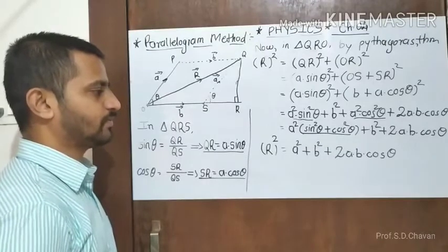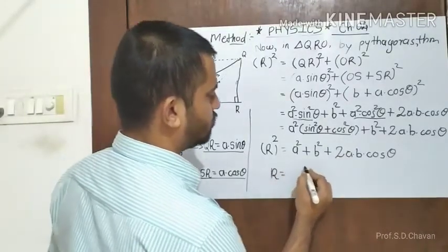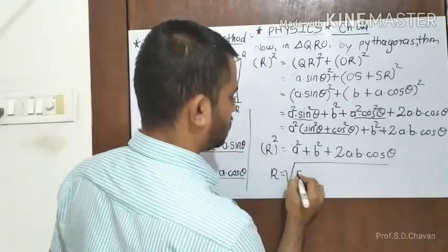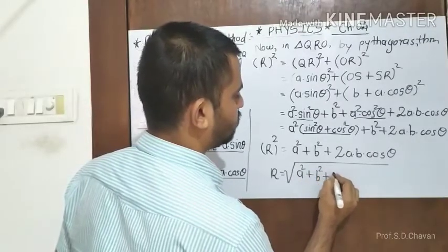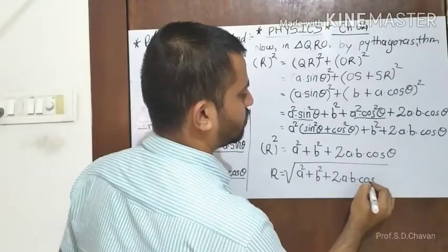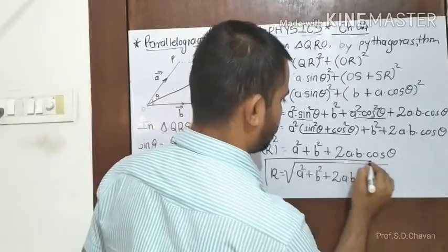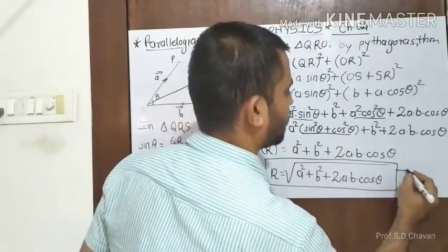Now we can write it as R is equal to square root of A square plus B square plus twice AB cos of theta, and this is the expression for the magnitude of the resultant vector.